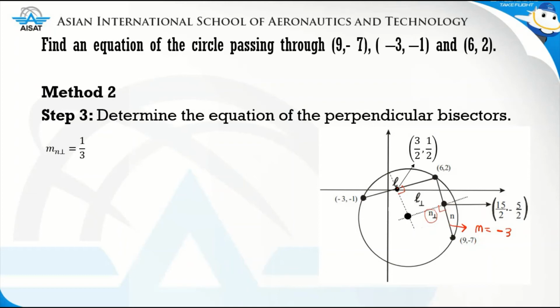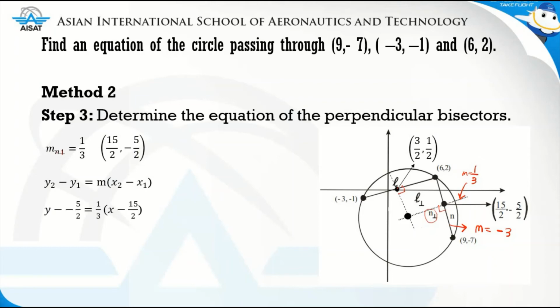If we take the negative reciprocal of its slope, that means the slope of this perpendicular bisector is 1/3. So that's why our m sub N is equal to 1/3, and our given point is (15/2, -5/2). Let's substitute these values on our point slope form of the equation of the line.